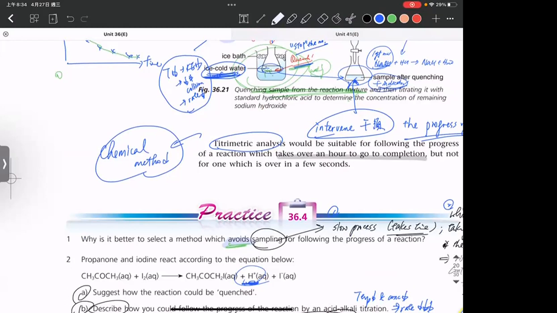Or maybe you will write down an advantage or disadvantage. Most of the time you are going to compare this method and the other method, right? The other method, we usually tell it as a physical method. So we adjust the question a little bit. What is the difference? Can you compare the major differences between titrimetric analysis and, in general, all those physical methods?